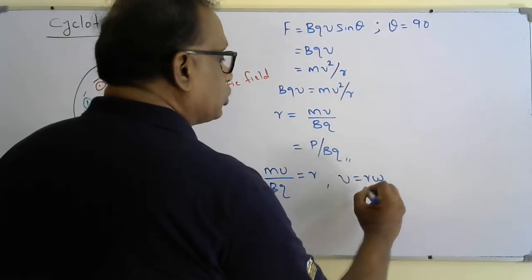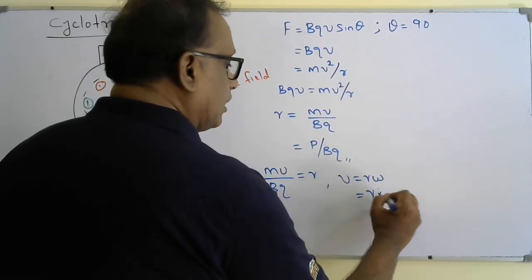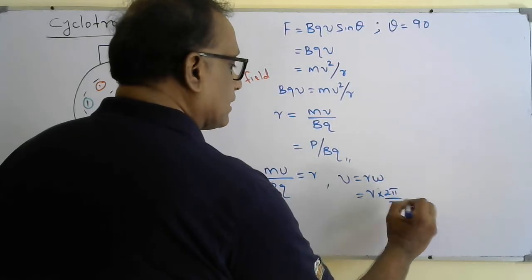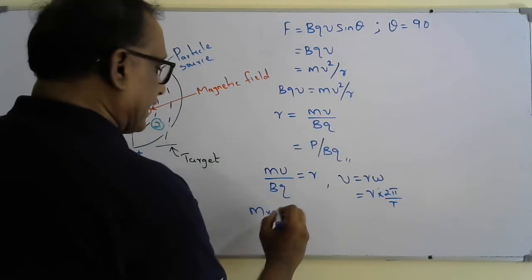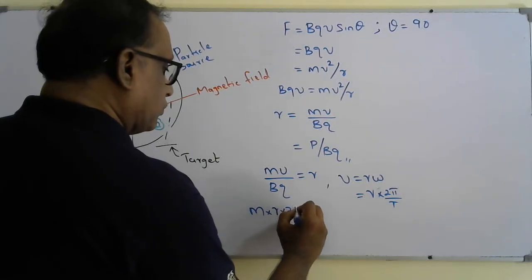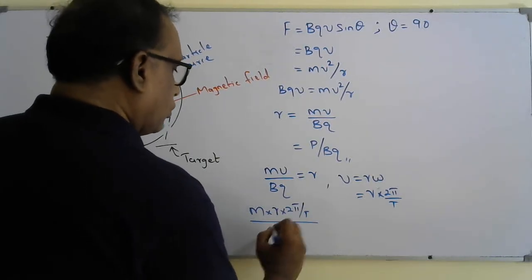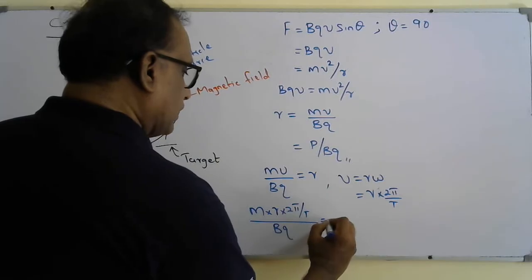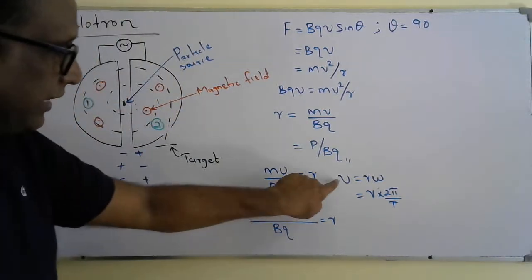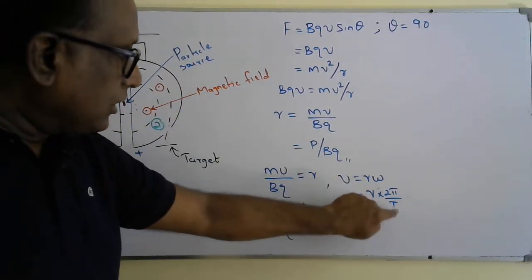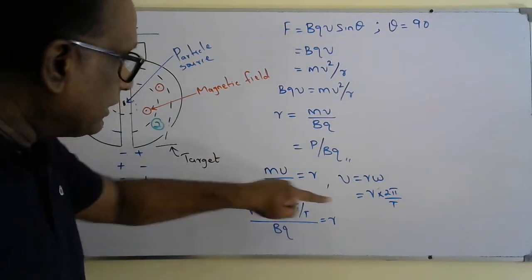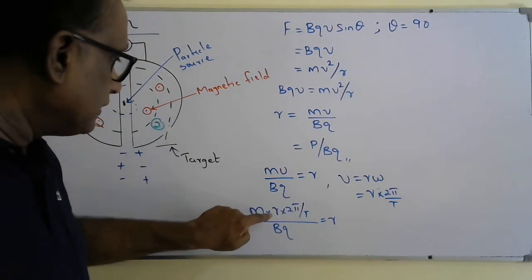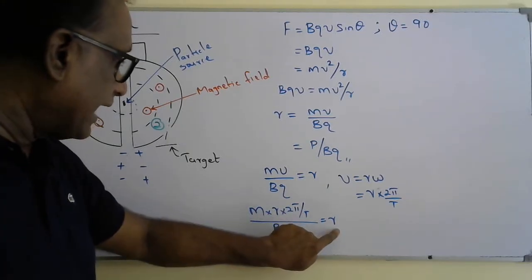And omega equals 2 pi over T. So r into 2 pi over T. So substitute that here. M instead of v, I can say r into 2 pi over T, over BQ, equal to r. I just substituted v equals r omega, omega equals 2 pi over T. So this R and this R will get cancelled.